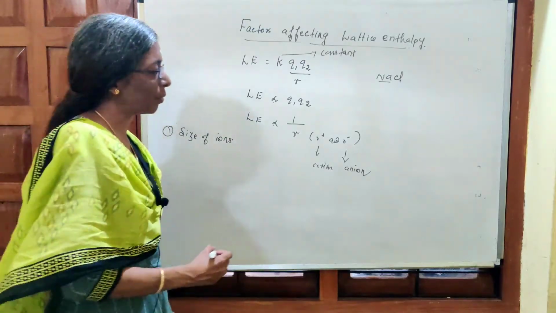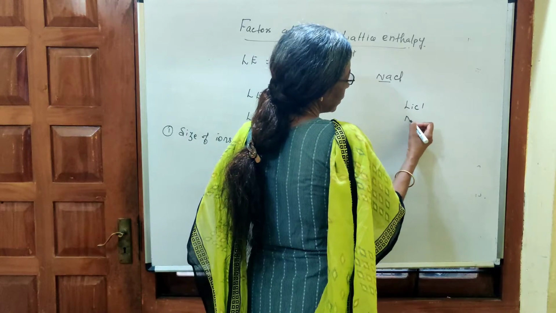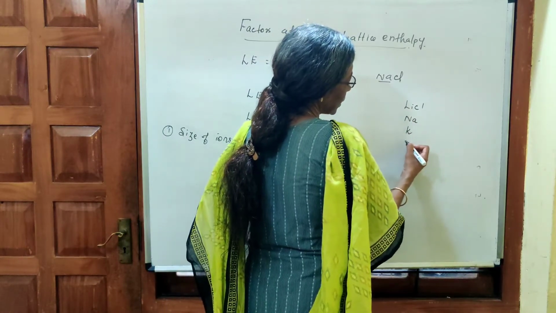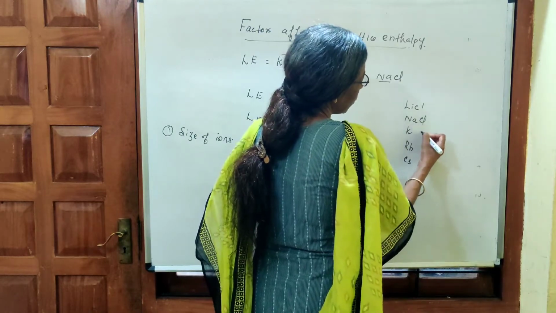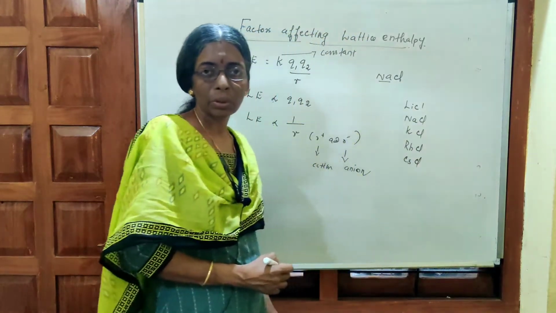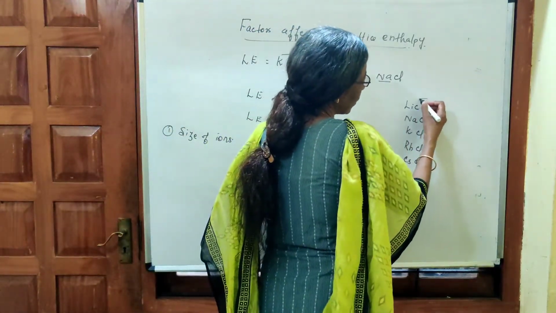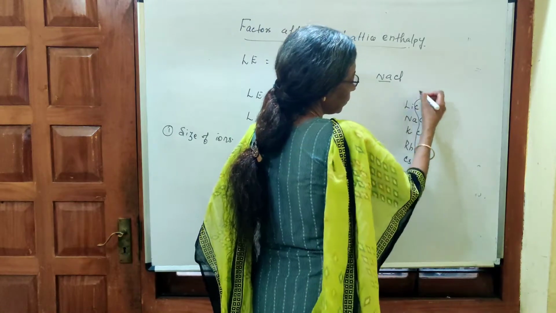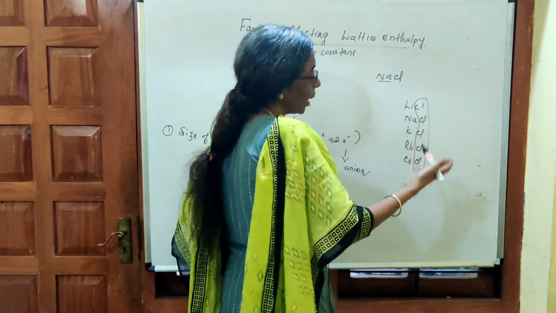Okay, first group: if you take lithium chloride, sodium chloride, potassium chloride, rubidium chloride, cesium chloride, the chlorine is constant here. Lithium, sodium, potassium. So how does lattice energy change?